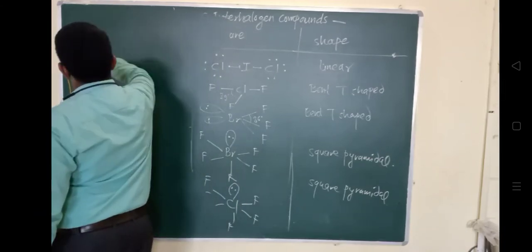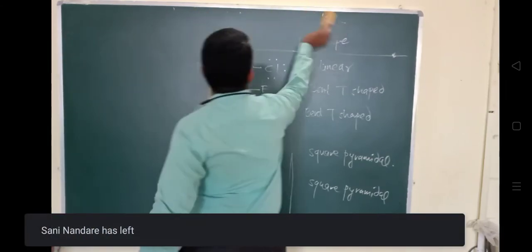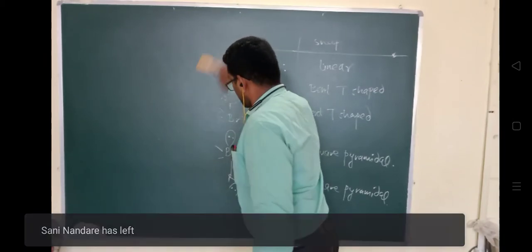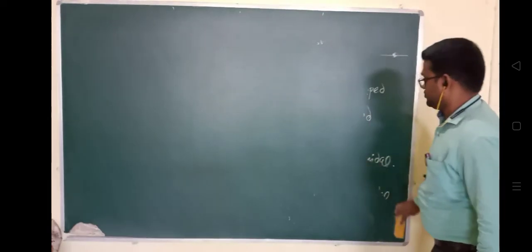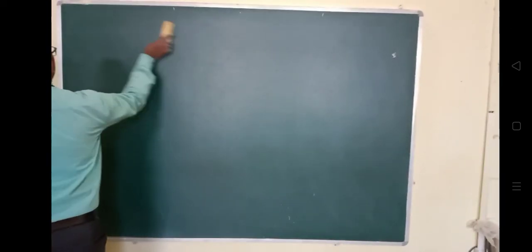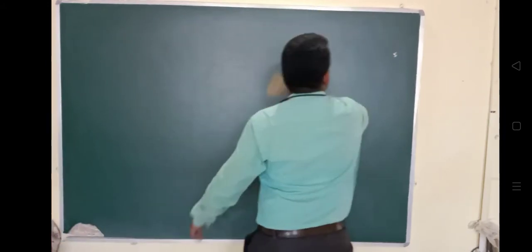So the oxidation state of the central halogen atom in interhalogen compounds. And which is the central halogen atom?